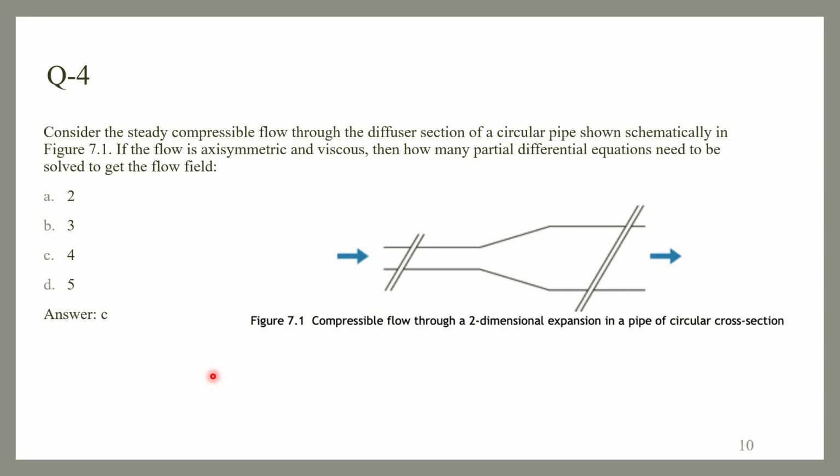Here it is mentioned that the flow is axisymmetric, so we are just taking it in one particular direction. So the 3-dimension is reduced to 2-dimension. For that case, we have one continuity equation.